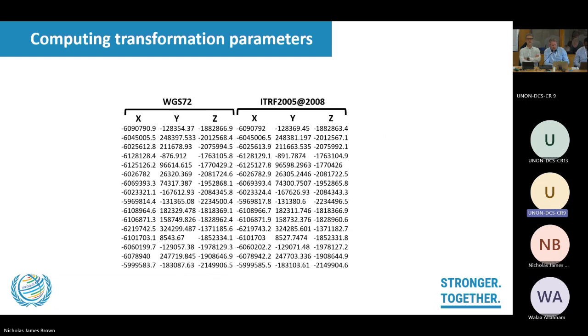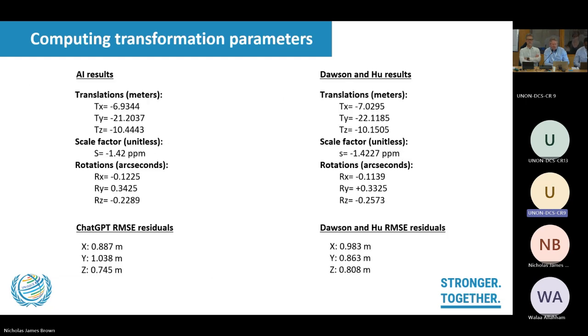So here's our set of coordinates in the 2 different frames. And then here's the results. And I've done a set of results using AI, just for fun. I went through this process with ChatGPT, and I said, right, I want you to compute the transformation parameters for me using this input data set and this output data set.